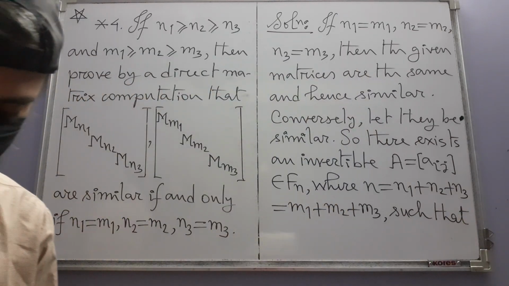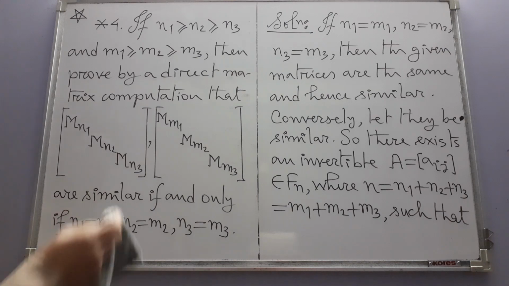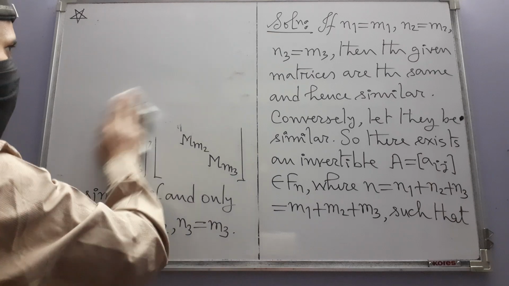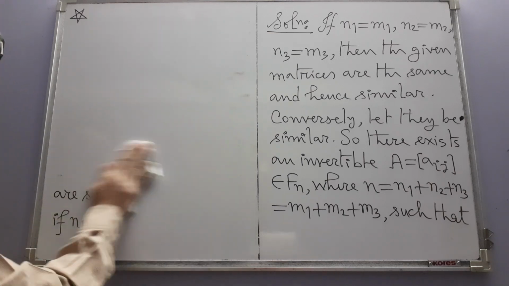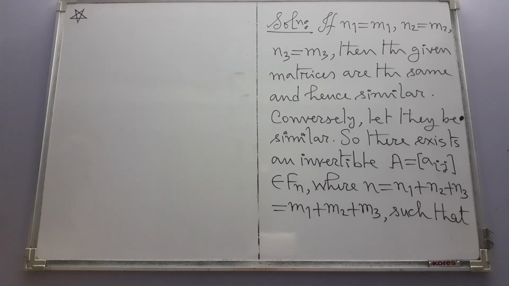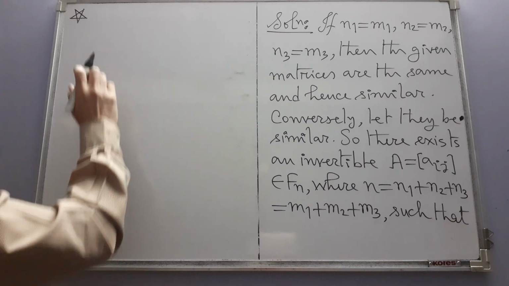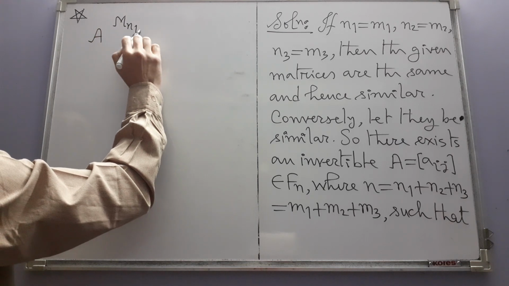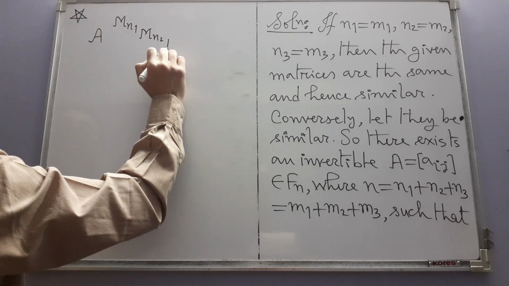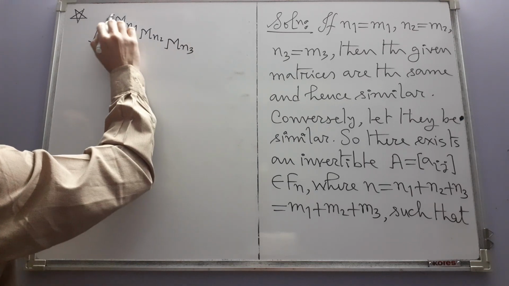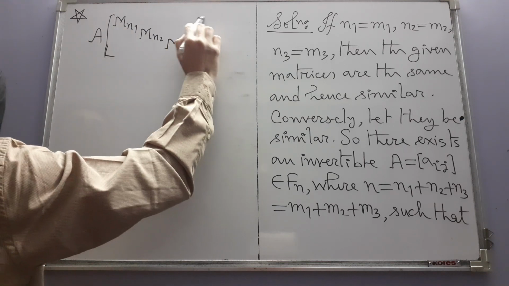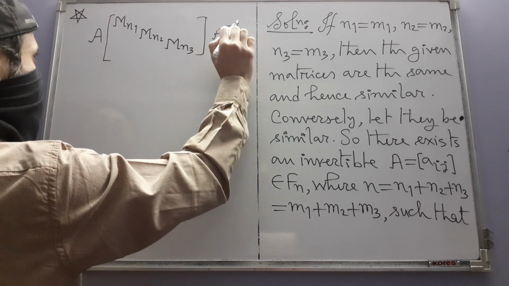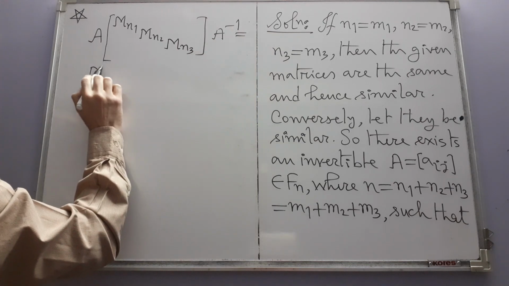Such that, so now we write the similarity relation. A times the first matrix times A inverse is equal to the second matrix.